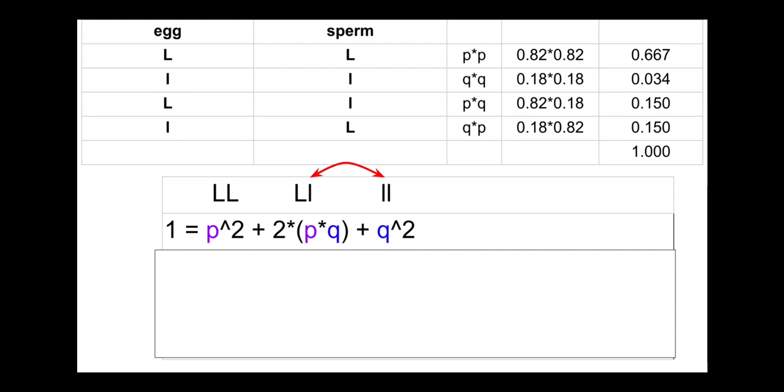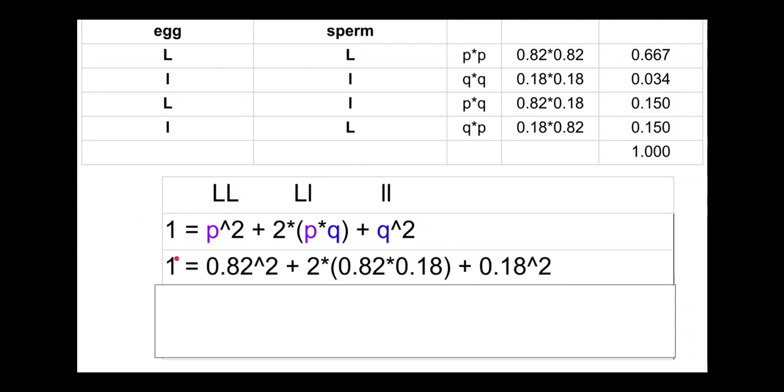Now you can use the Hardy Weinberg equation to do the math that I just did previously, but do it more quickly. Instead of writing everything out in a table here, you can just plug your original allele frequencies into the equation. So I know what P is and I know what Q is. So P is 0.82, so 1 equals 0.82 squared.